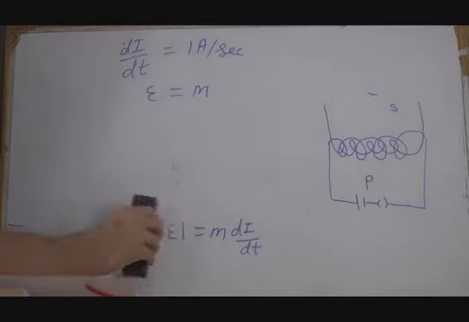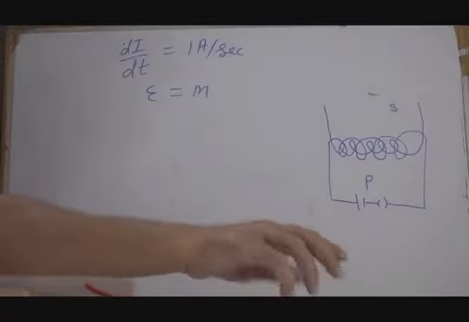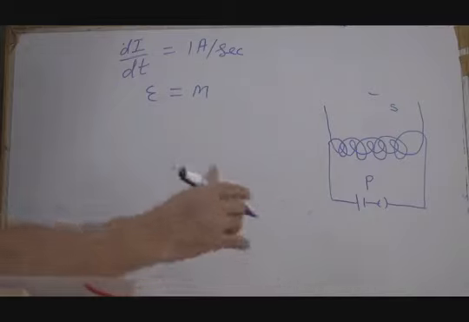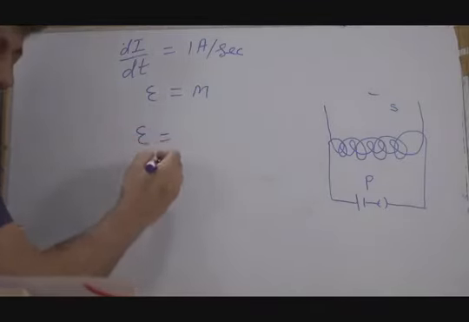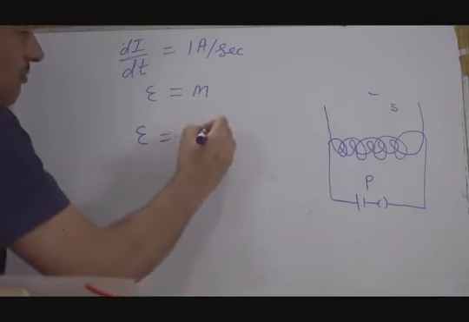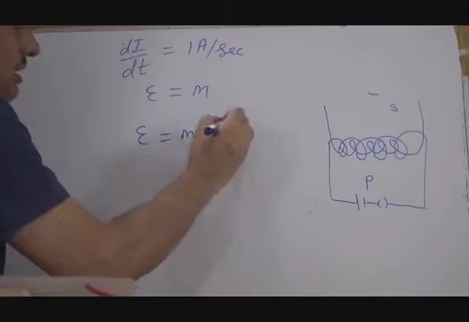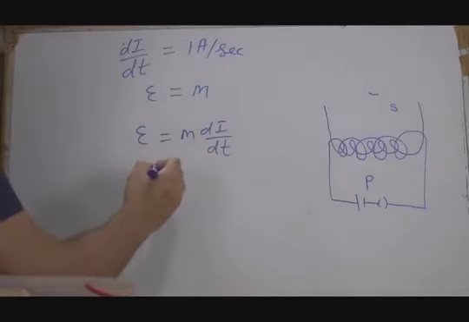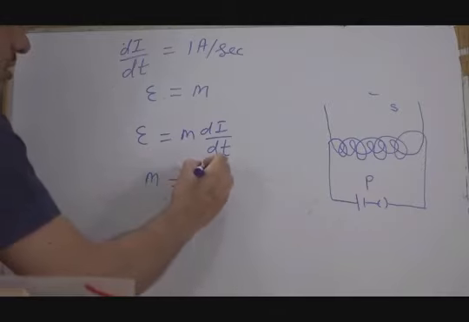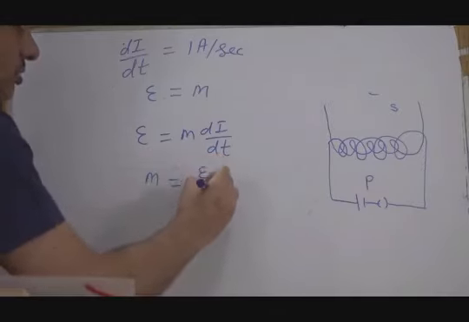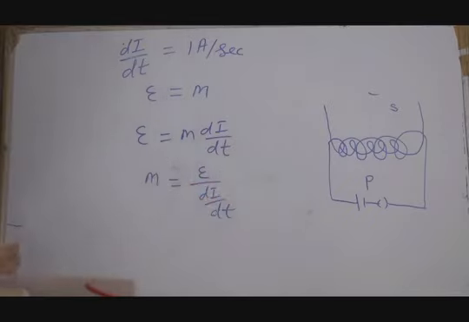Now, our equation was, magnitude of E was M di by dt. So from this expression, M will be E upon di by dt.